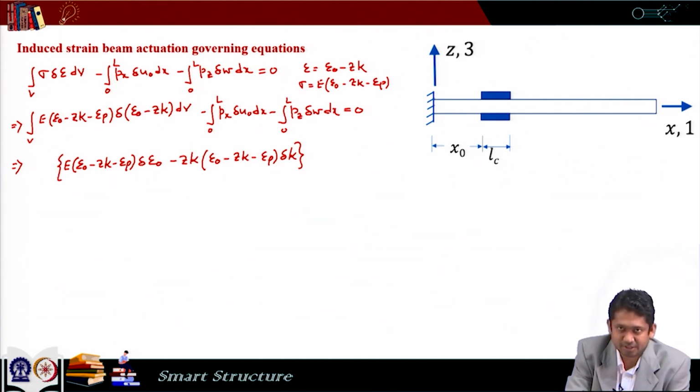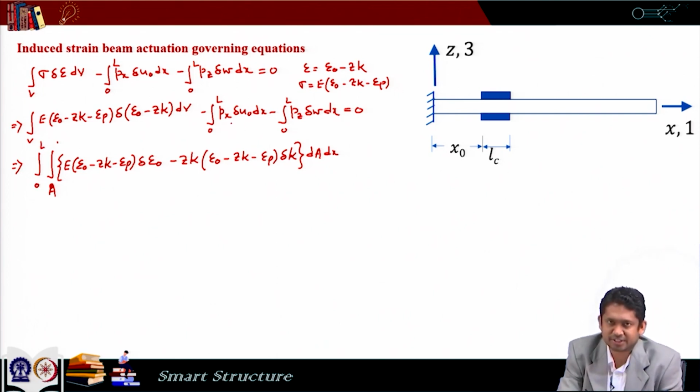Then we can break down this volume integral into a cross-sectional integral and an integral over the line 0 to L. So, this is our area over the cross section A, and this goes from 0 to L.